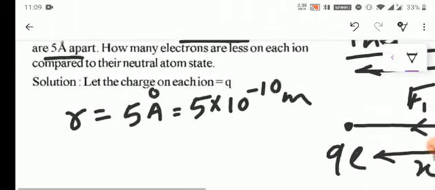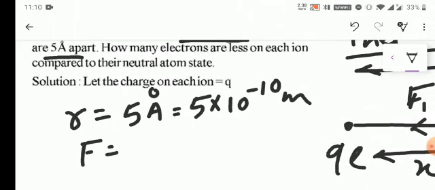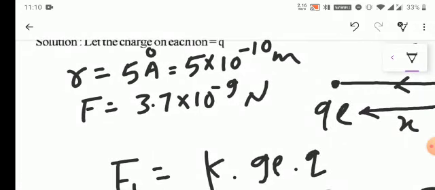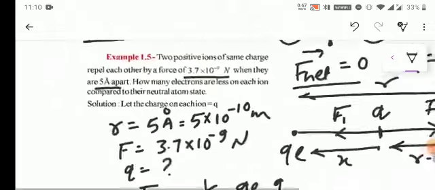The force is given as 3.7 into 10 to the power minus 9 Newton, and you have to find the charge. First of all find the charge, and after that use q equal to ne. You can easily find the number of electrons. Okay, that's it. So here are the two numericals.